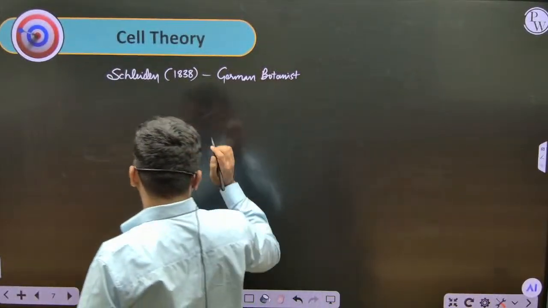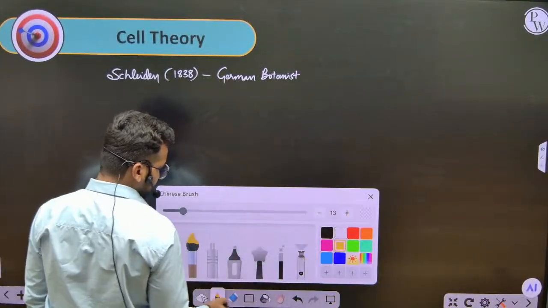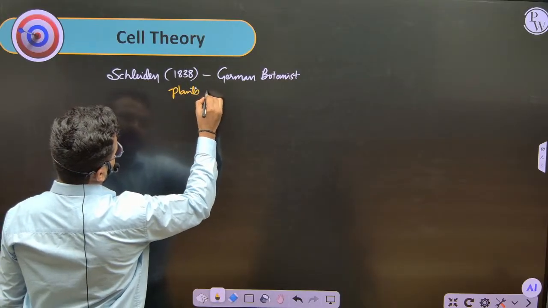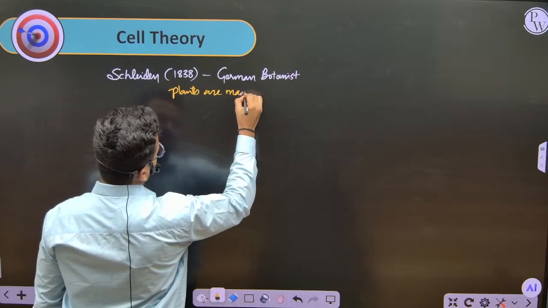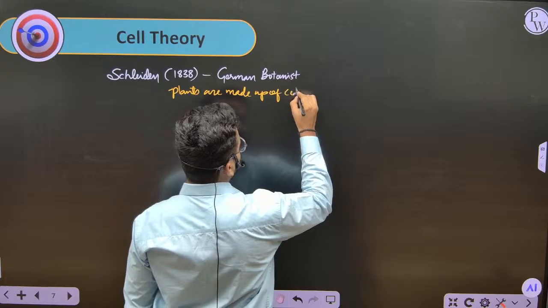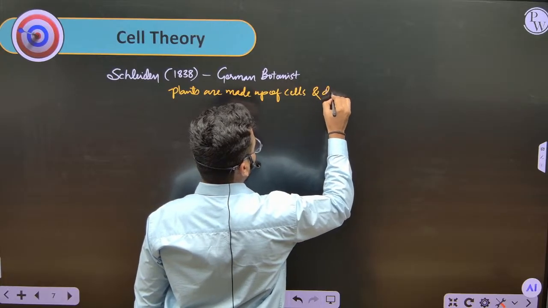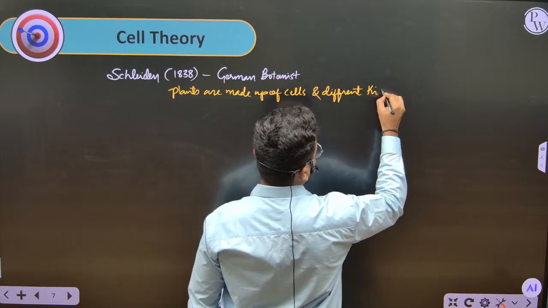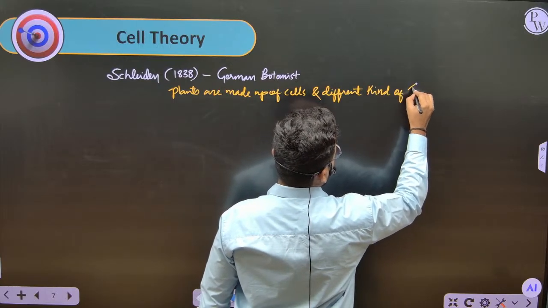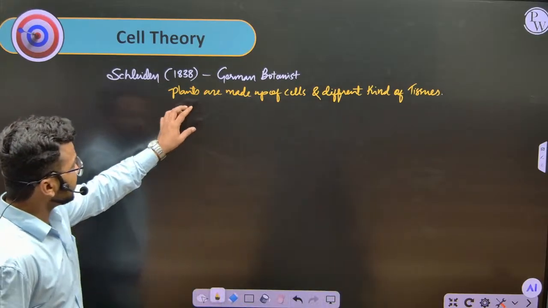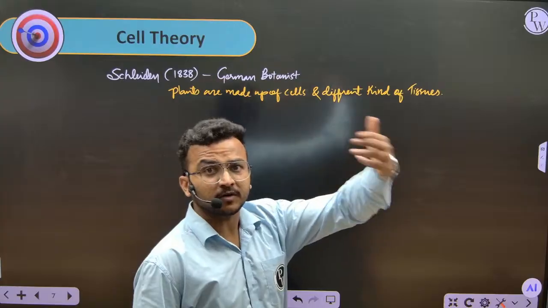The statement given by Schleiden is that plants are made up of cells and different kinds of tissues. As a botanist, he worked on plant cells.